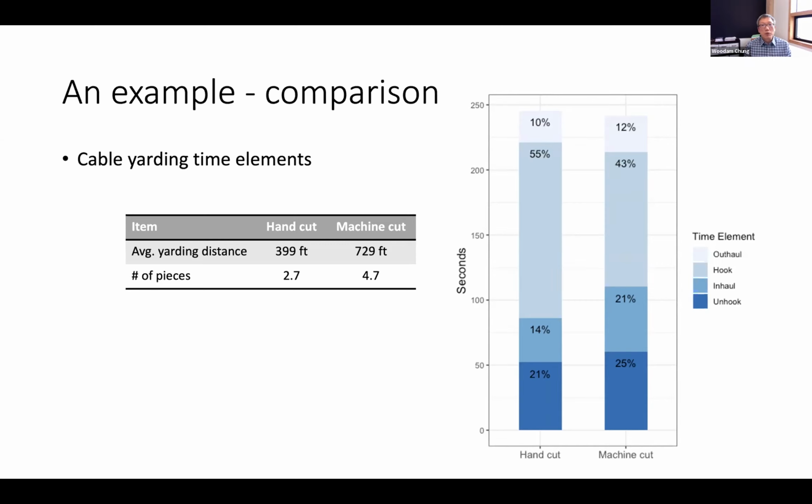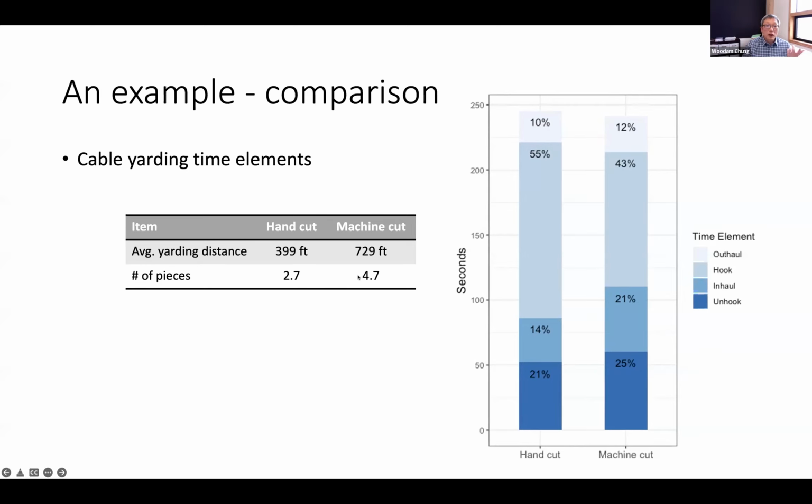And this is an example here. Actually, if you look at the average yarding distance, because of the unit shape and because of the data collection that we did, hand cut versus machine cut, the yarding distance was quite different. So machine cut area had longer average yarding distance compared to hand cut area.